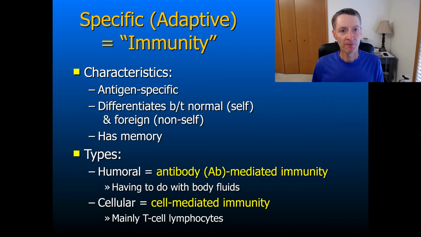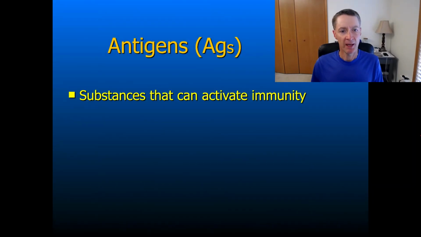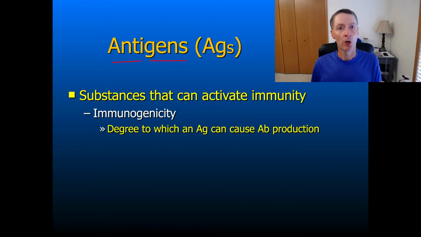But let's first get a good handle on these antigens. What are antigens? Antigens are substances that can activate the immunity. Like I said, they're capable of causing us to generate an opposition. The degree to which we generate an opposition to an antigen, some substance with a specific shape, is called immunogenicity.